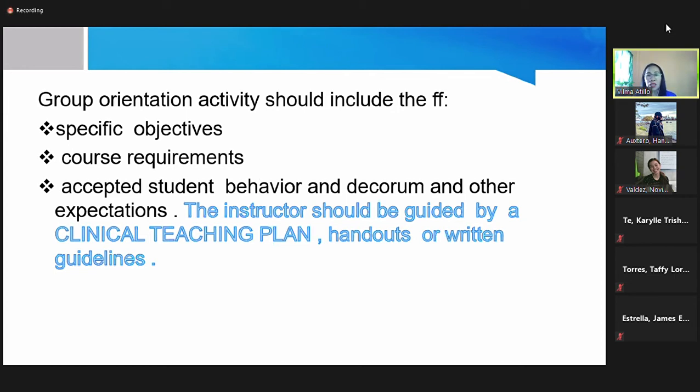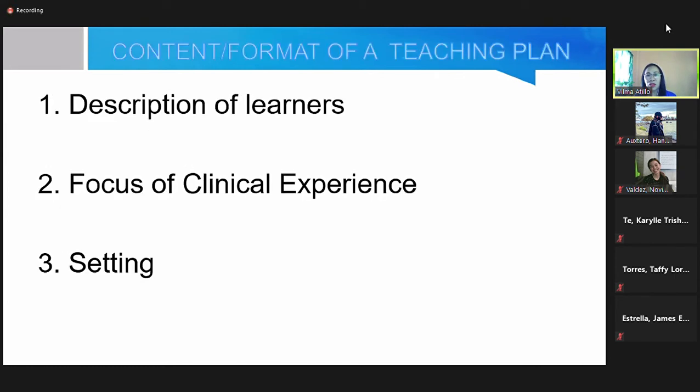Okay. Next, the content or the format of the teaching plan. Okay, description of the learners, the focus of the clinical experience. So, sino ang learners mo? No? Halimbawa dito sa clinical teaching plan, ang description of learners, nakalagay minsan is the level 2, level 2 PSN students.